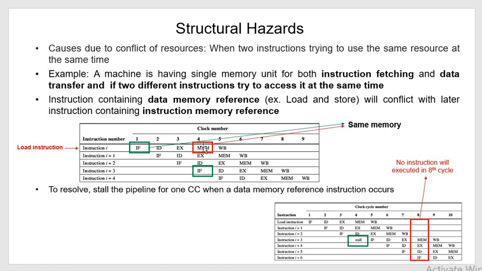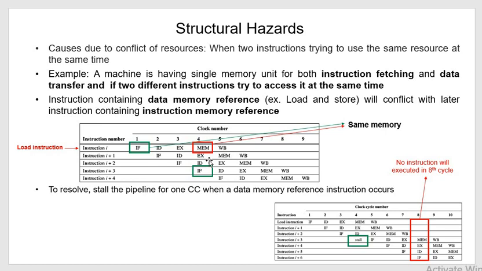So the problem that will occur at that point will be called the structural hazard, because the processor can access the memory for one instruction only, but here there is a need to access the data for two different instructions within the same cycle.